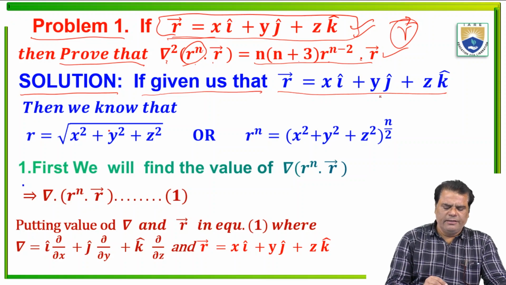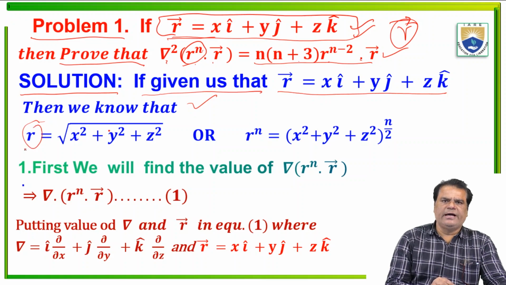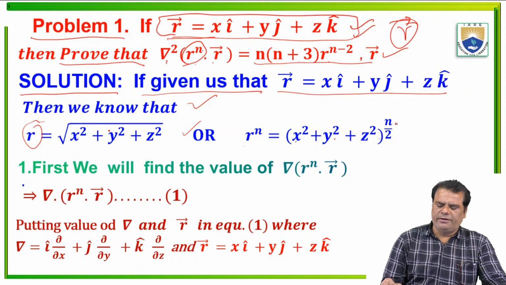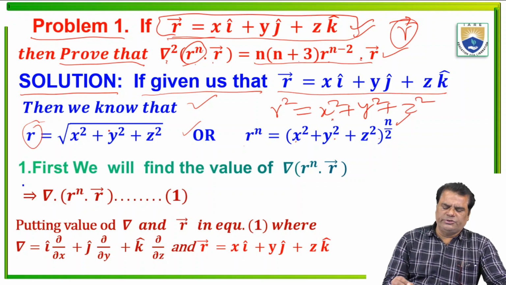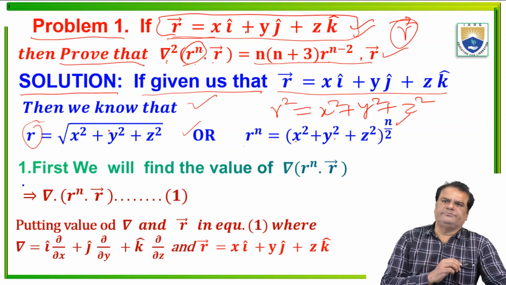Then we know that r is the square root of x square plus y square plus z square, and r to the power n equals x square plus y square plus z square, whole to the power n by 2, and r square equals x square plus y square plus z square. This is r square, this is r to the power n, this is only r, and this is vector r.